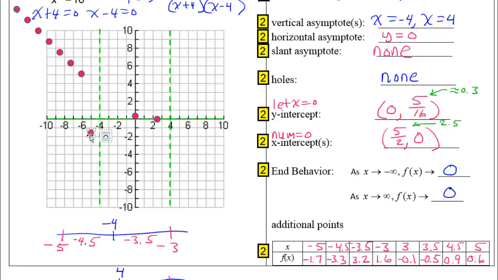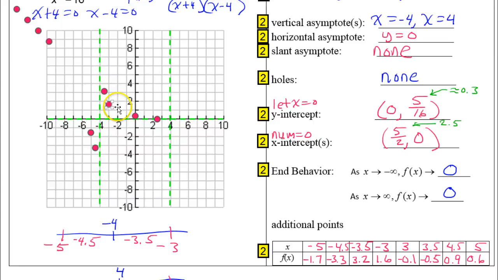Negative 4.5 is at negative 3.3, which is about here. Negative 3.5 is at 3.2, which is about here. Okay, and negative 3 is at 1.6, so this is negative 3, and this would be about 1.6.